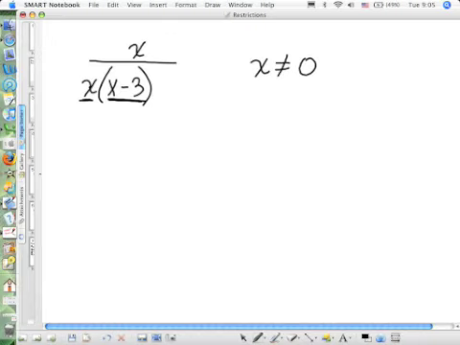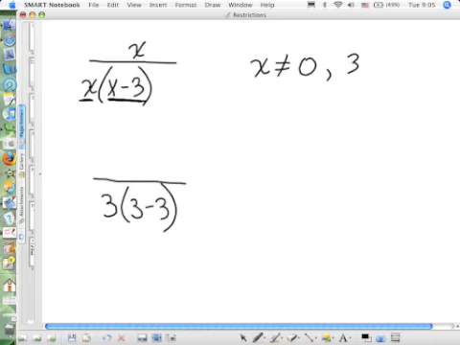So in this set of parentheses, what can X not equal? 3. All right, now let's try that out. Because if X is 3 in the denominator, what does that work out to? 3 times 0, which is 0.